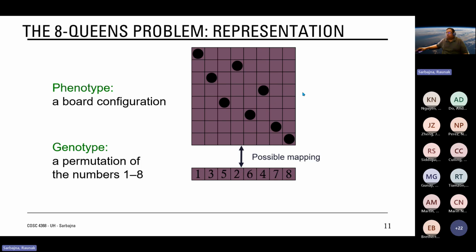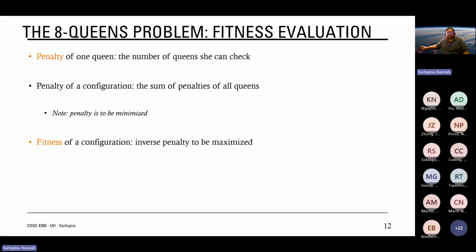So how do you evaluate the fitness of this? The fitness is essentially how many queens are you able to check at any time. The total penalty of the whole board is the sum of all the penalties of all the queens. The job of the evolutionary computing approach is to minimize this penalty.